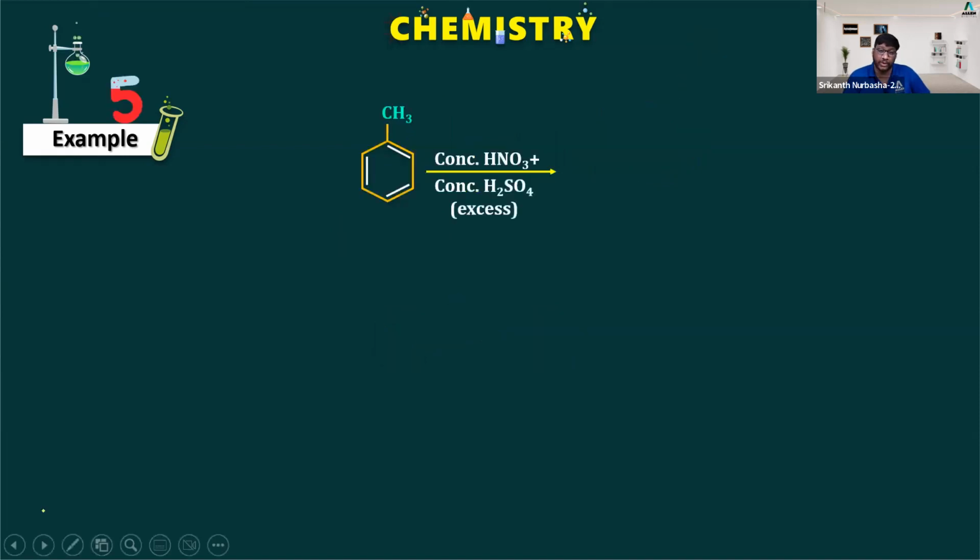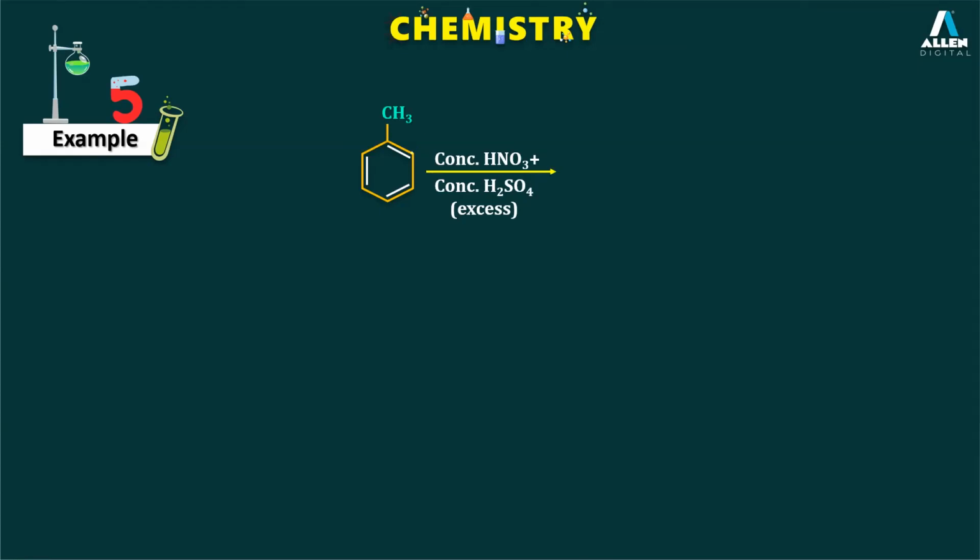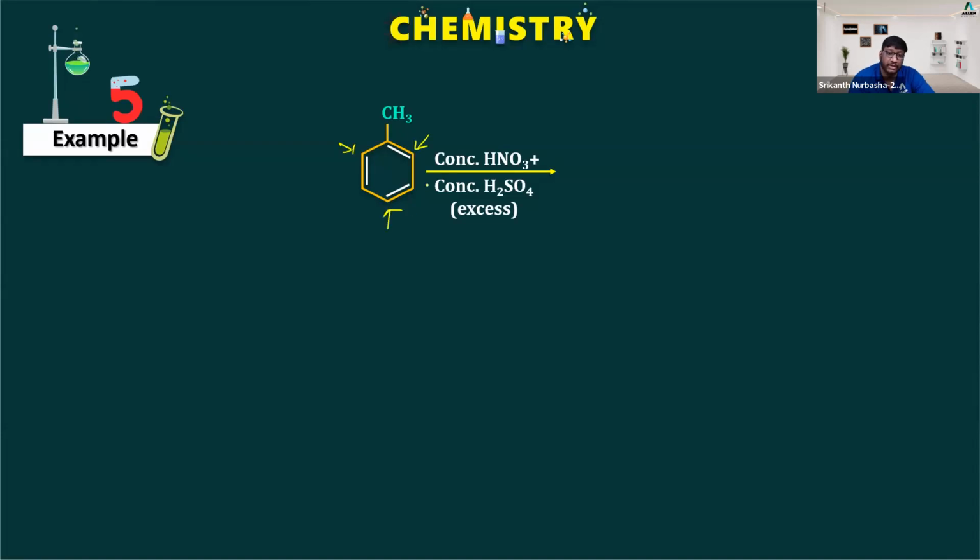Here, where the NO2 is going to be substituted, concentrated HNO3 and excess H2SO4 we have taken. Whenever you take excess, what happens? Excess means we will be having NO2 substitution at both the ortho positions as well as the para position.